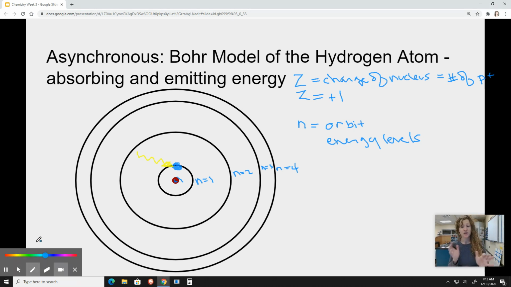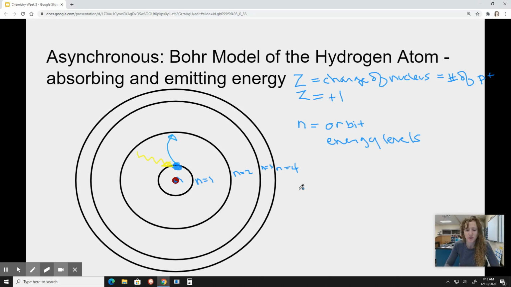So the source of energy can be a lot of different things, but anyway, the electron's going to absorb energy, and when the electron absorbs energy, it moves. It moves to a higher energy level.